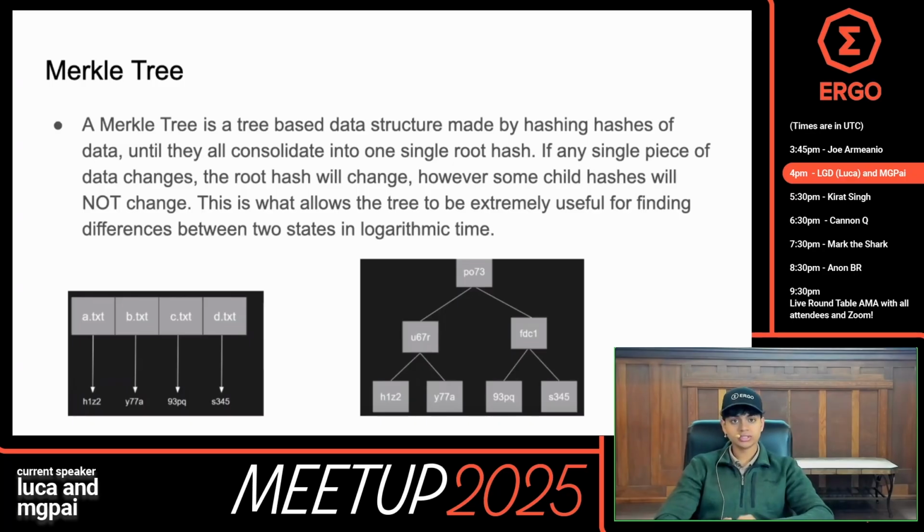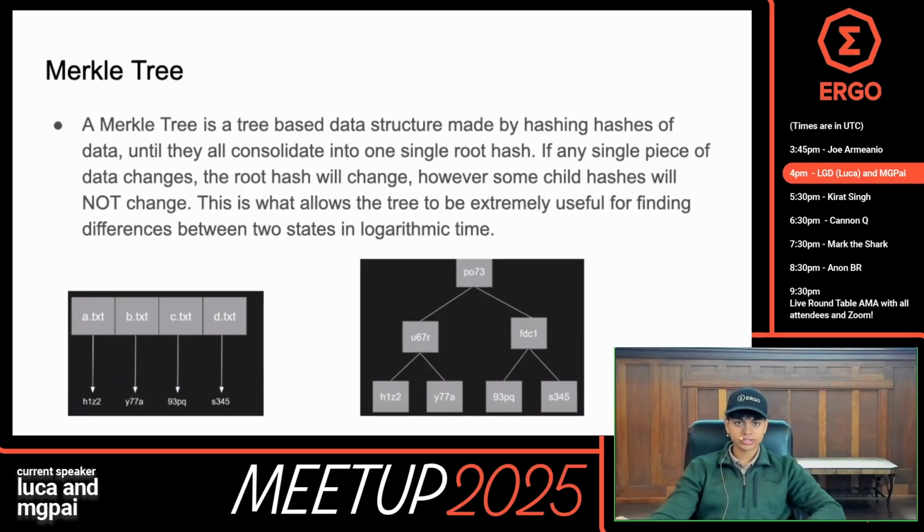So a Merkle tree is a variant of this data structure, and it's made by hashing hashes of data. I know that's confusing, so let's break that down. Behind me, you can see you have a block of data, like a block of files: a.txt, b.txt, c.txt, d.txt, and you hash this block of data. Hashing really means that you take data of any size and convert it into a fixed-size string.